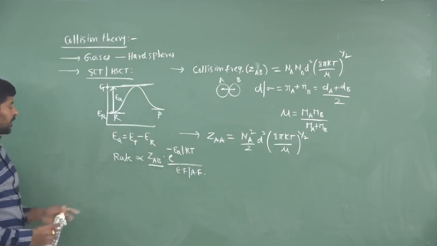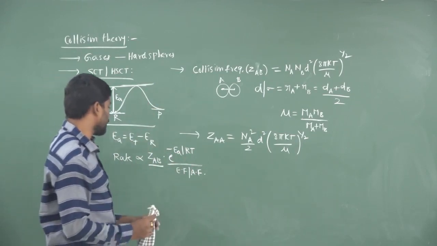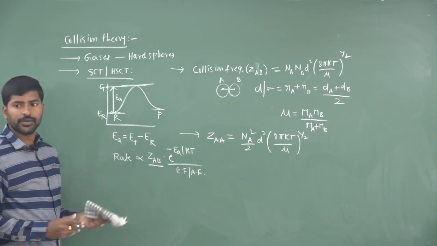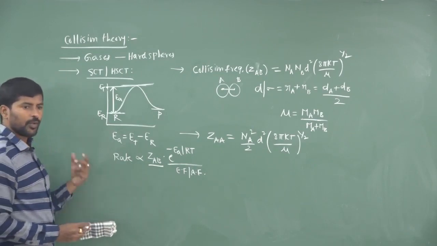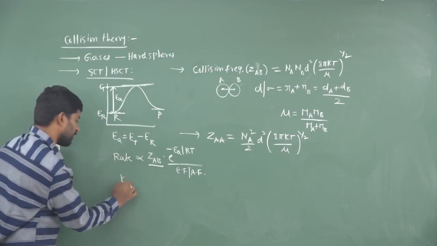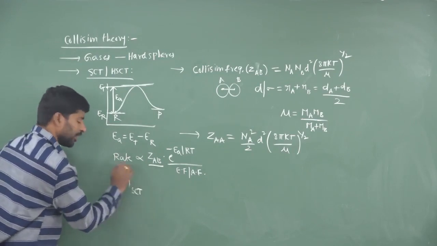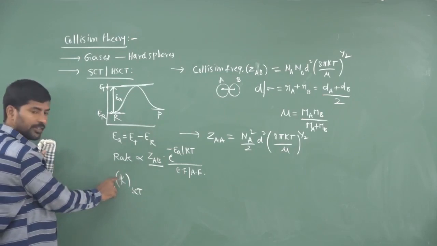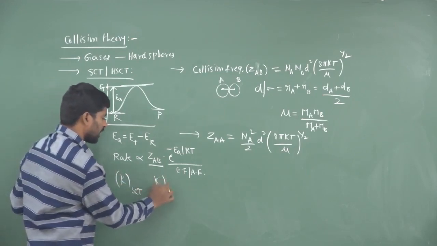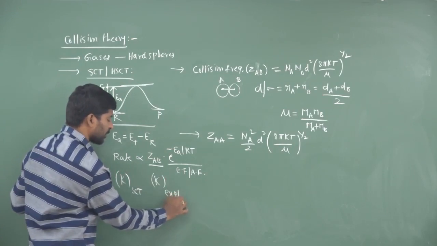Now we know rate constant is a measure of rate of reaction. Whatever rate constant or rate values are obtained based on simple collision theory, are they more or less than experimental values?